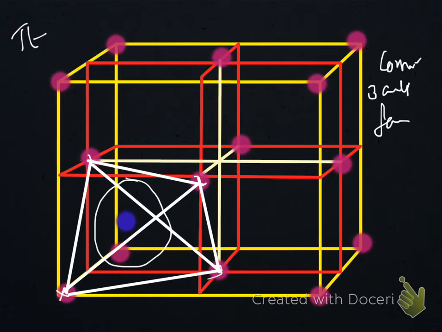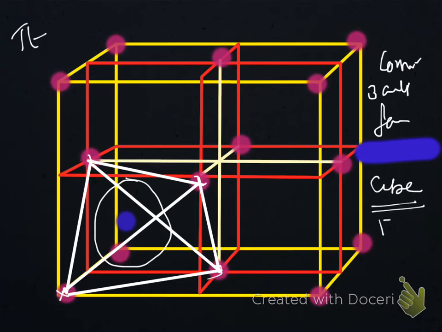So for each corner you can have a tetrahedral void. So here is a question: how many particles are there in this cube?